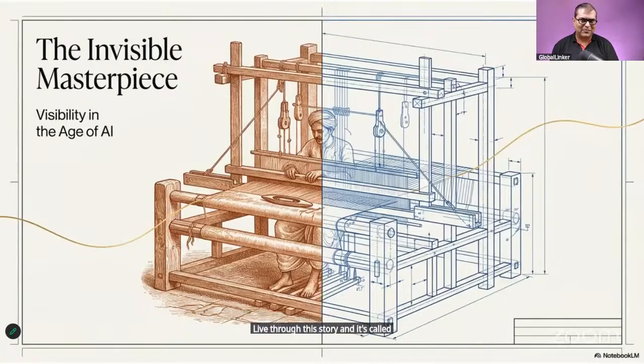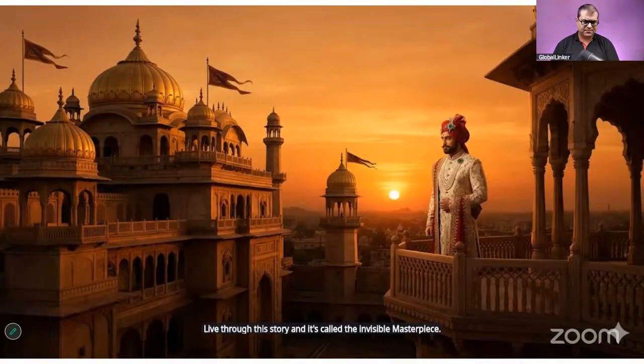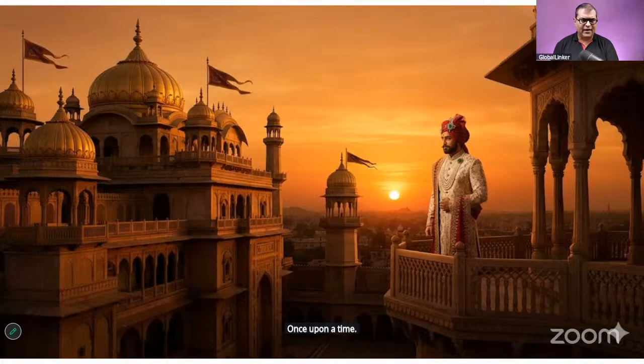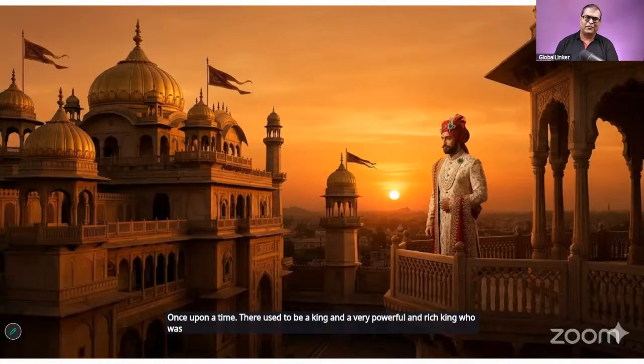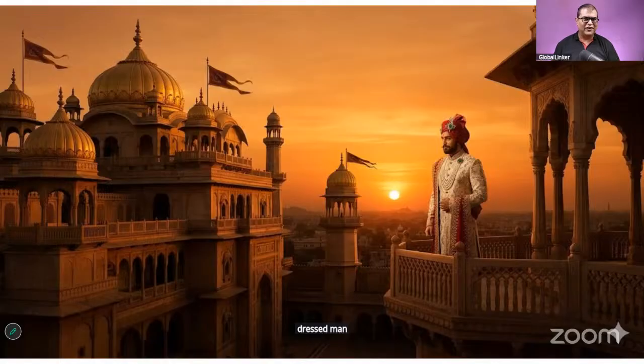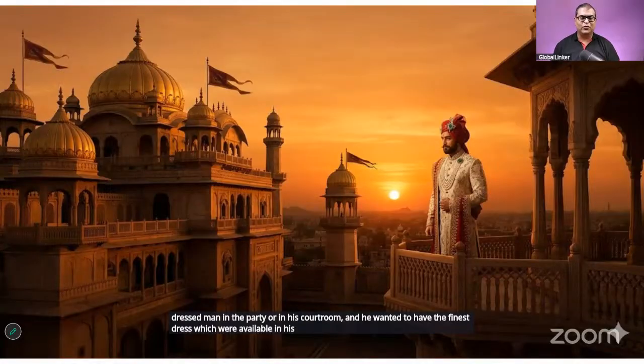The invisible masterpiece. So once upon a time, there used to be a king, a very powerful and rich king who was very, very particular about his dress. On all occasions, he wanted to be the best dressed man in the party or in his courtroom, and he wanted the finest dress available in his country or even overseas.